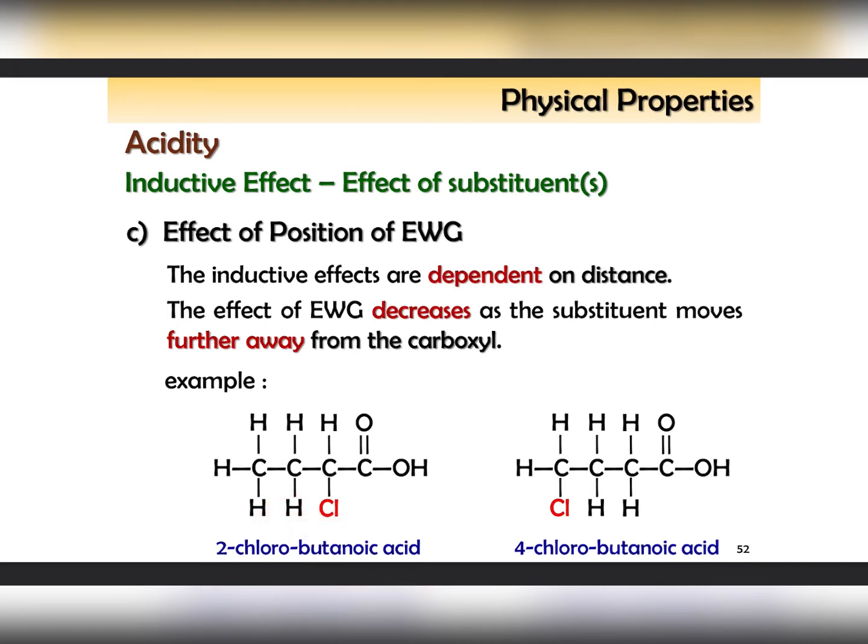Okay, kalau Cl ataupun electron withdrawing group kamu tu away jauh daripada C double bond O OH, okay, dia punya tarikan tu kurang sikit, less. Okay, sebab dia kena melalui karbon 1, karbon 2, karbon 3 dulu, barulah ke Cl.